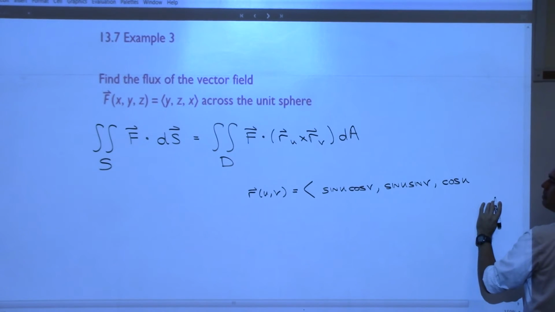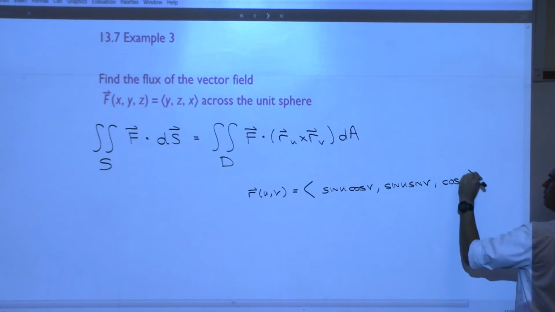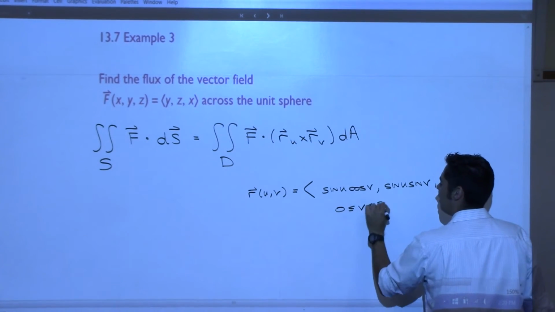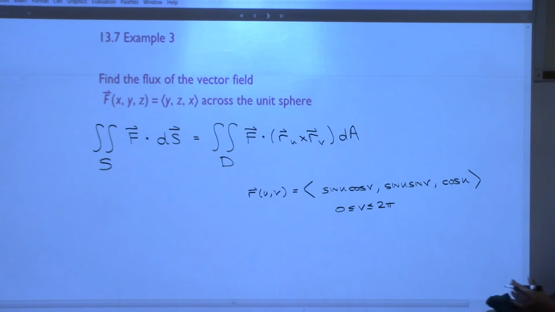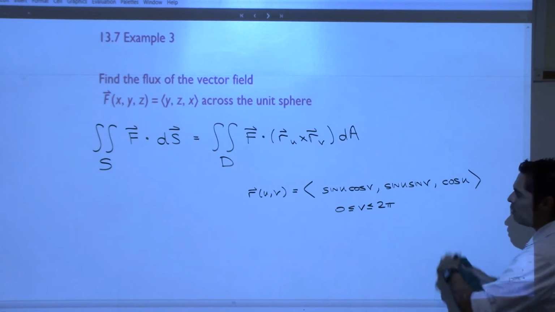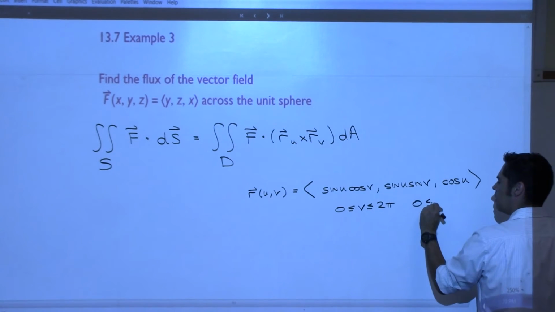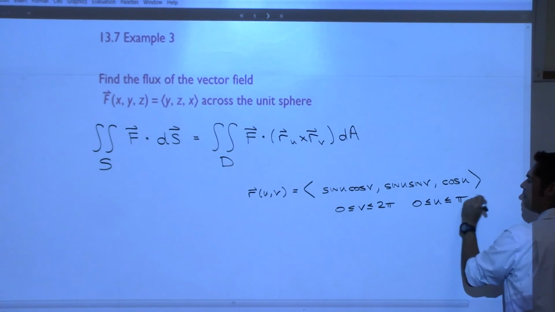Wait a minute, is that right? Yep. v is between 0 and 2 pi. See, if you're using phi and theta, it's hard to get mixed up. But if you use u and v, it doesn't matter what you use. You can do the whole thing and switch them all and switch your limits, and it's the same answer. So everyone is okay with that?